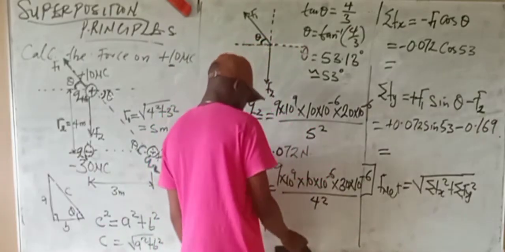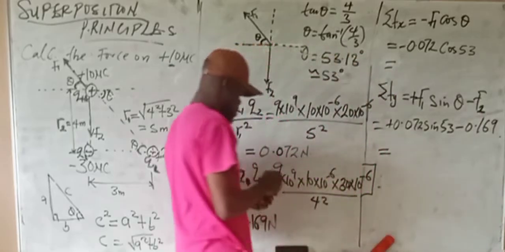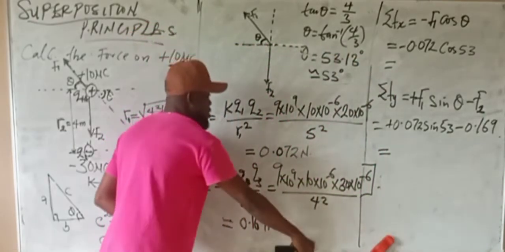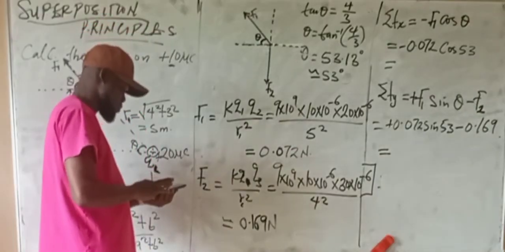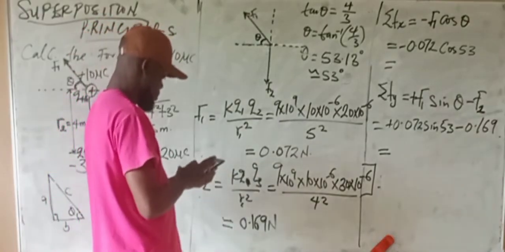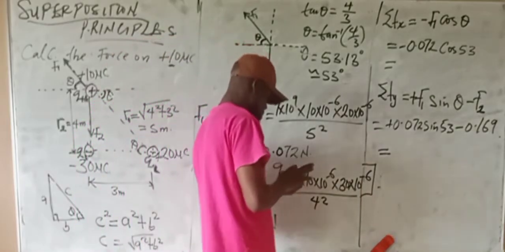Or let's try to do it like this. Let us do it one after the other. To get the first one out, we catch our calculator and run through them. Let's check and see what I will have. Minus 0.072 cos 53.